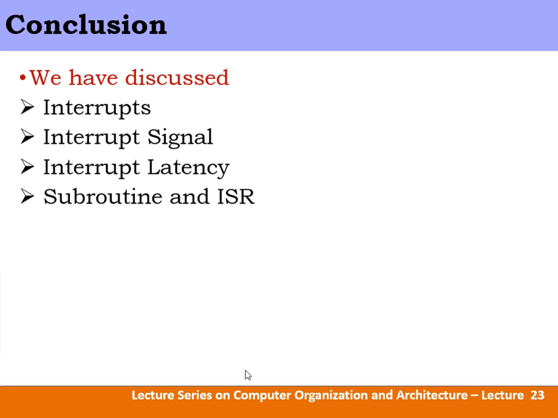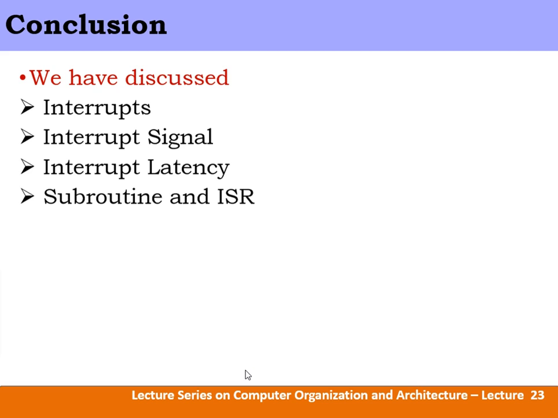Interrupt latency is the time delay between the time the interrupt has been generated and the time the service has been started. There is a little difference between a subroutine and an ISR. In case of a subroutine, the main program calls the subroutine, so the two are interrelated, and only when we call a subroutine do we save the content of the program counter.